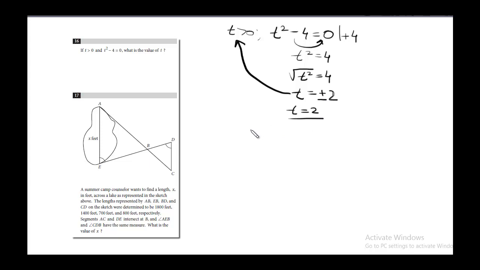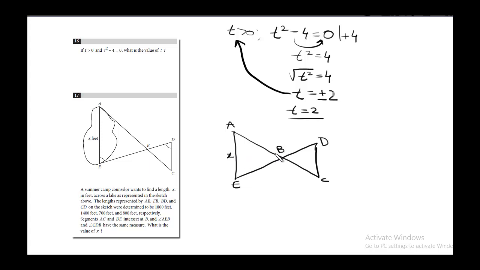For number 17, we have two triangles. A, B, C, D, E. We are given that the distance AE is x feet.